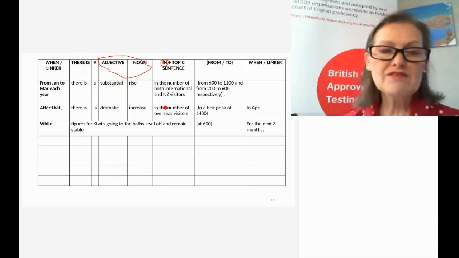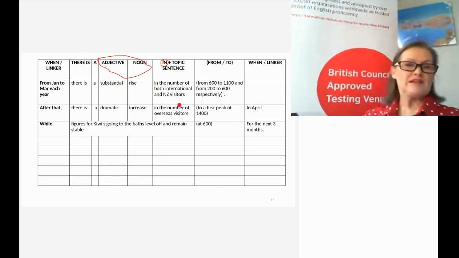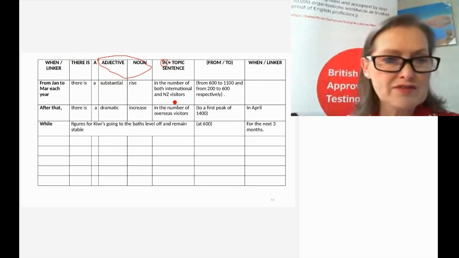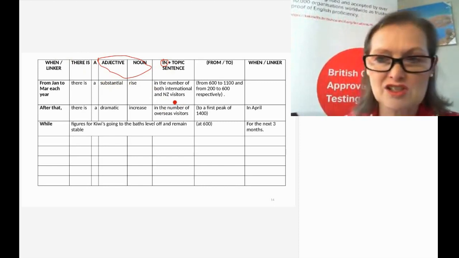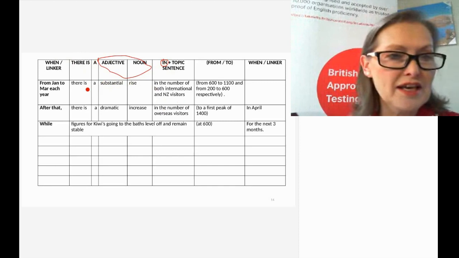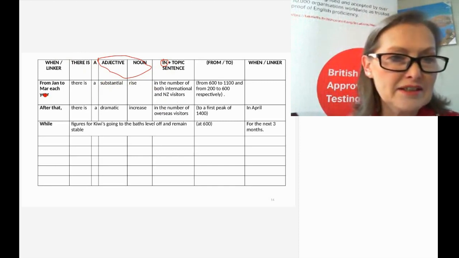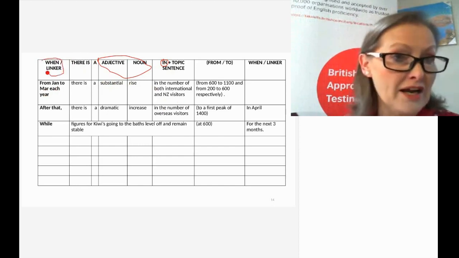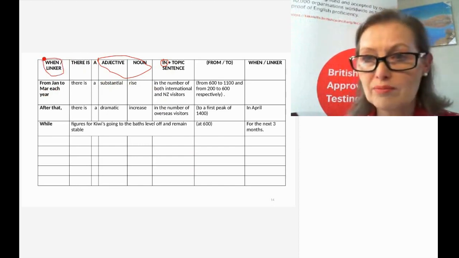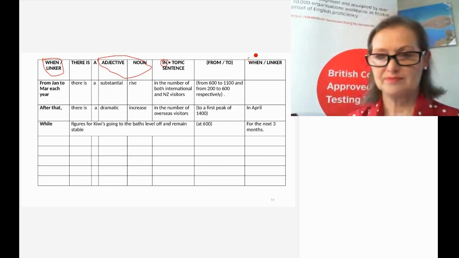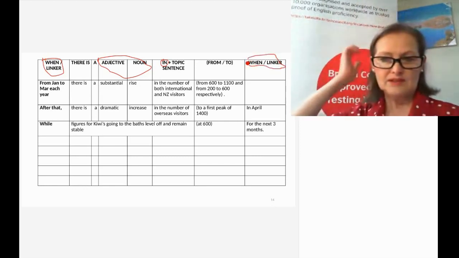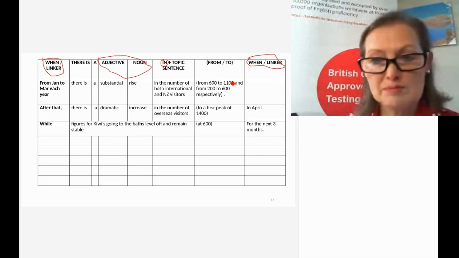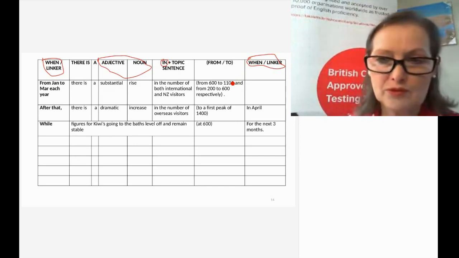So my information is the same, but now I've used a completely different sentence structure. And once again, my linker can come either at the beginning or the end, and my time can come either at the beginning or the end. That sort of linker would be while, for example, or however.